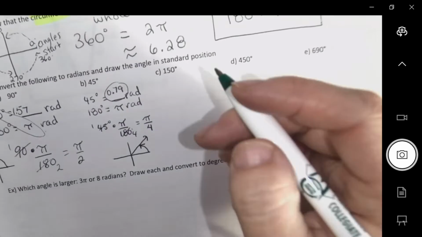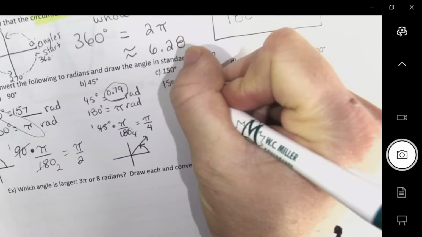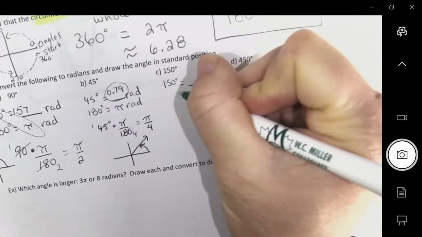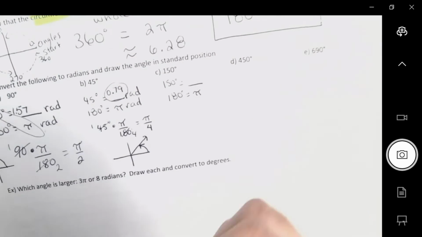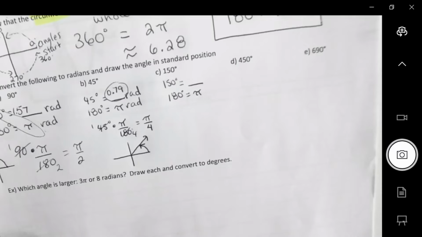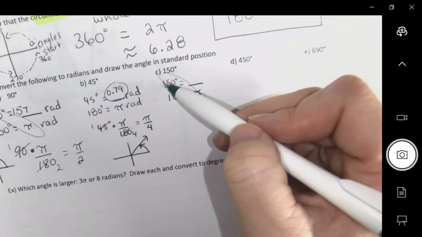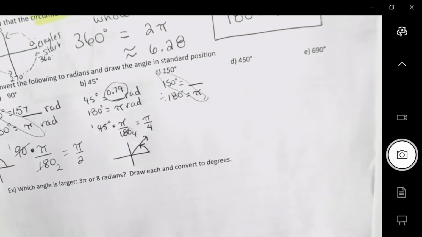Okay, 150 degrees equals what? When you know that 180 is a pi. Cross multiply.